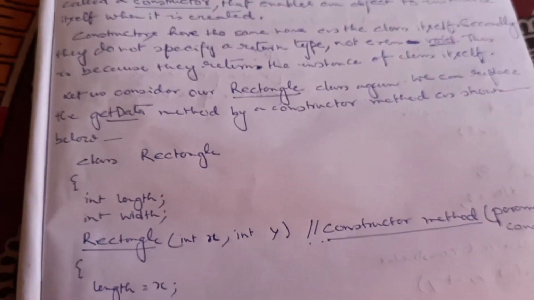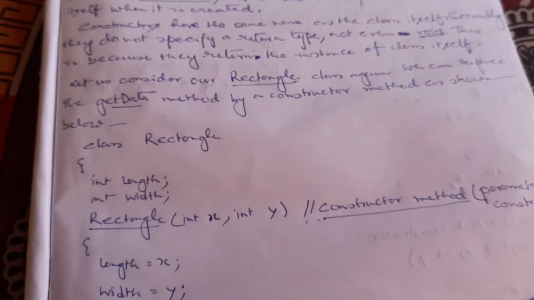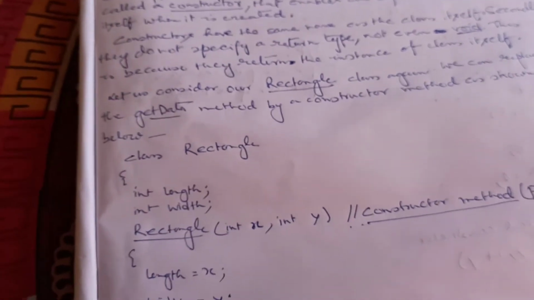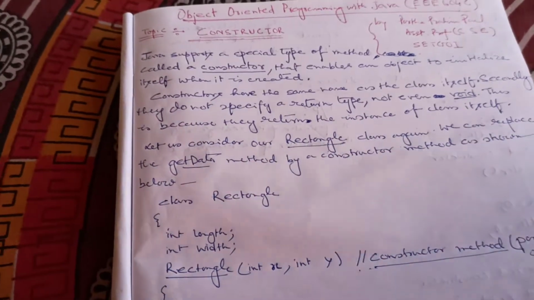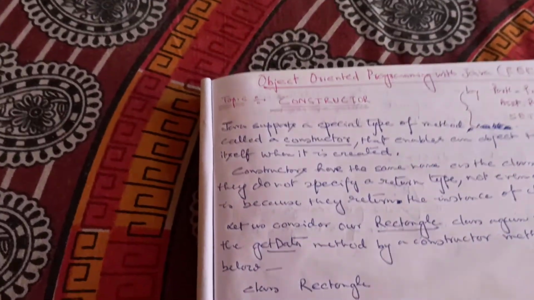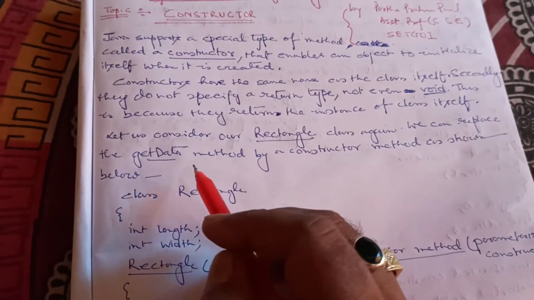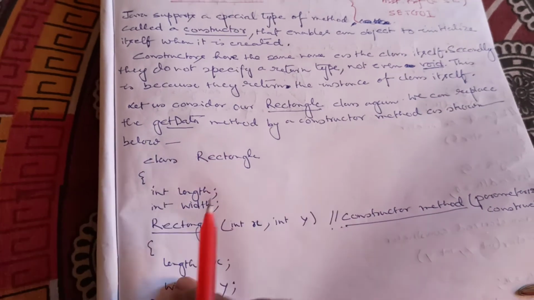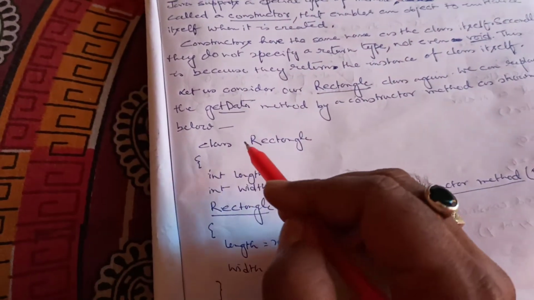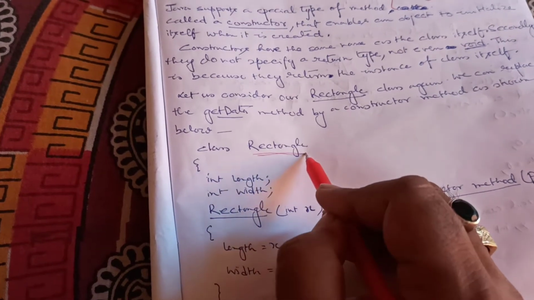Now we will go to the example of a constructor. Here we are going to the Rectangle class, and we have removed the get data method that we discussed in the previous class. So here we have declared a class whose name is Rectangle.